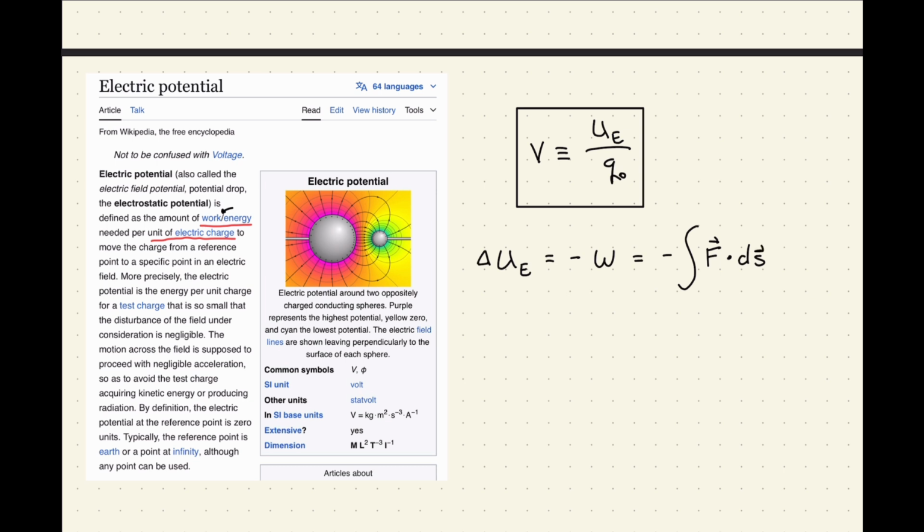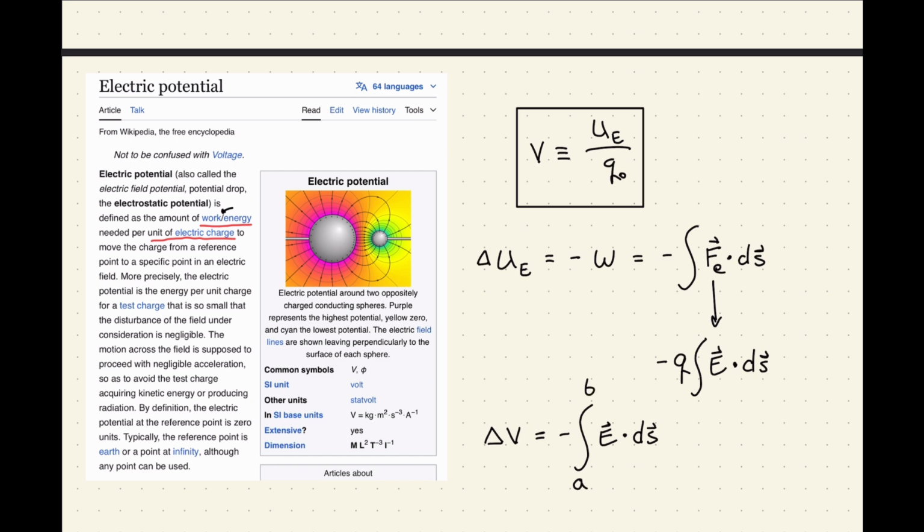And once we plug in the Coulomb force, we get negative Q, electric field dot product with the displacement vector. And then since we have this definition over here, electric potential energy per unit charge, we can get rid of this Q over here. So we define electric potential difference as the electric field dot product the displacement vector from some point A to B.